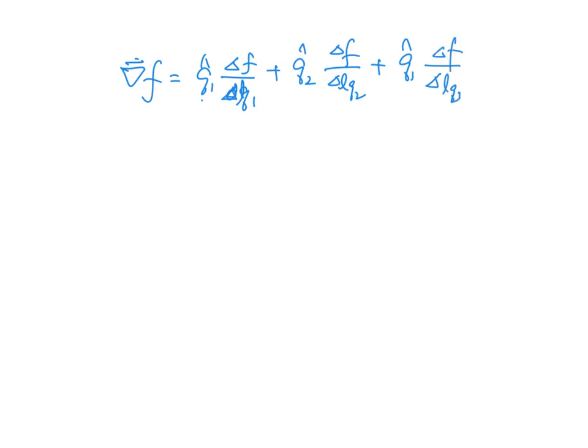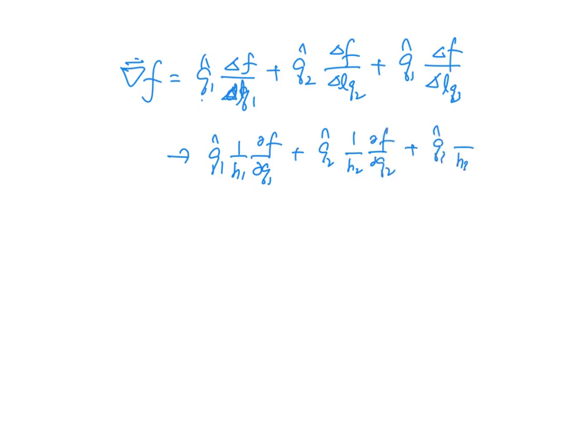So this is 1 over h1 partial f over partial q1, plus q2 direction, 1 over h2 partial f over partial q2, plus q3 direction, 1 over h3 partial f over partial q3.